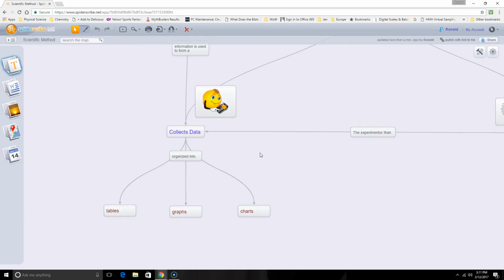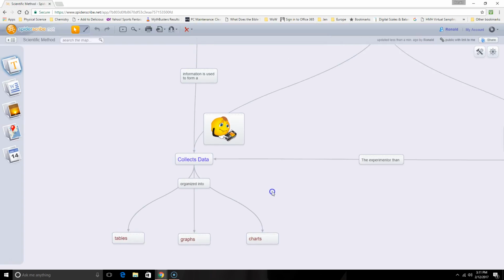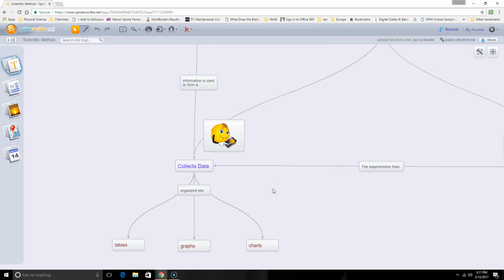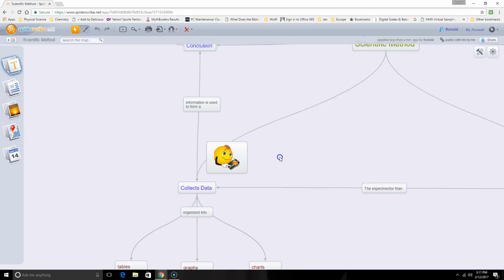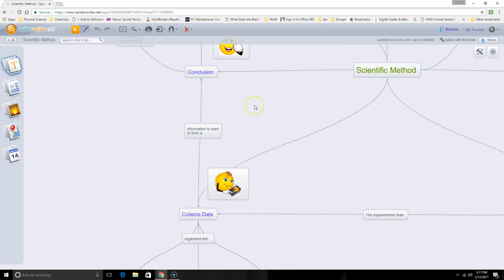He then organizes it into tables, graphs, charts, whatever makes it easier to understand what's actually happening during this experiment. He puts it in a form that allows him to see the patterns, or maybe see that there is no pattern, so that he can more easily digest the data that has been gathered.